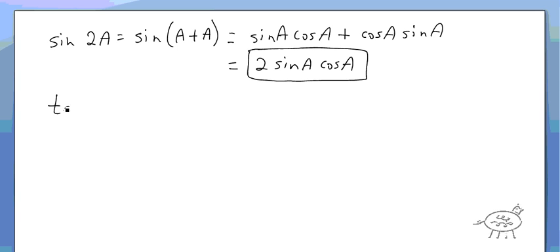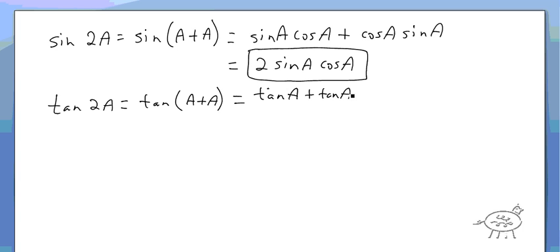And lastly, I can do tangent of 2a. That's, again, tangent of a plus a. And that is tangent of a plus tangent of a over 1 minus tangent of a tangent of a.